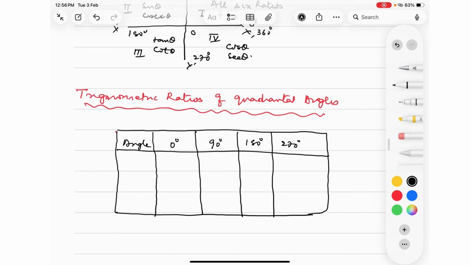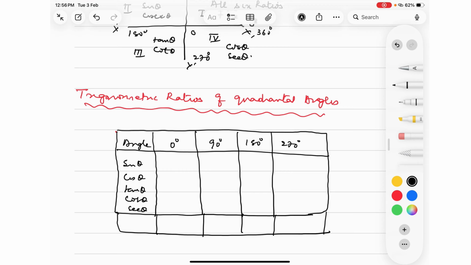Then sine theta, cos theta, tan theta, cot theta, secant theta, and cosecant theta also.